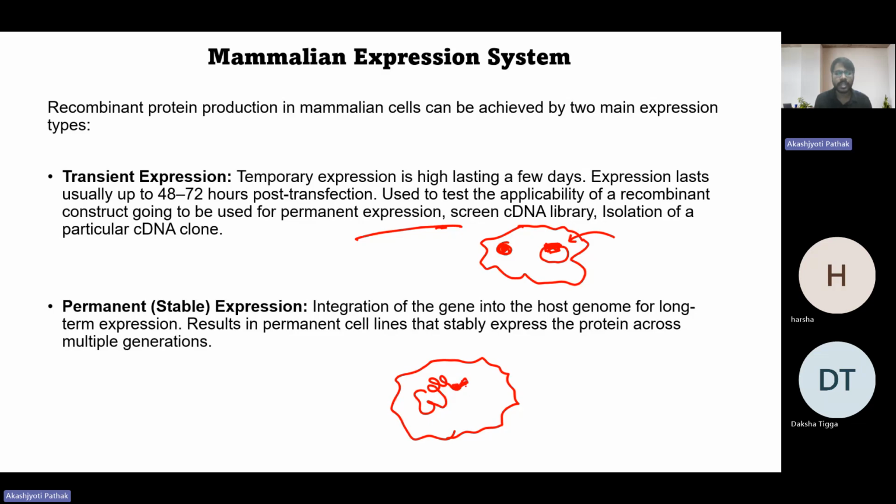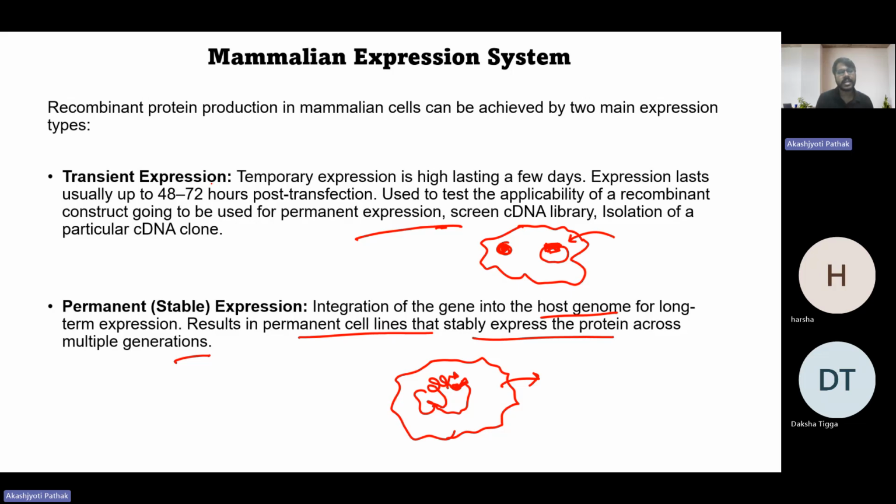So if it gets integrated within the genome of the host cell, then whenever this cell divides, the gene that has integrated within the host chromosome will also divide, and the gene will also get expressed because this has been cloned in a promoter. So during transcription, this will also get transcribed. So this is permanent expression, where the gene gets integrated into the host genome, and it results in a permanent cell line that stably expresses the protein across multiple generations.